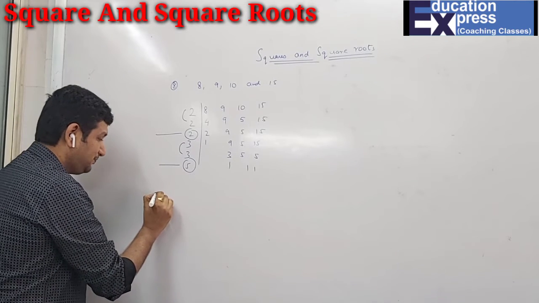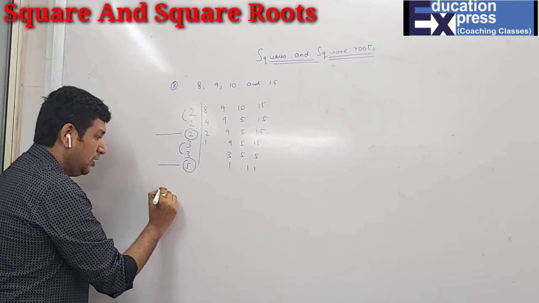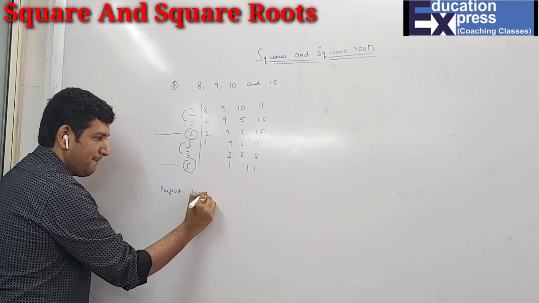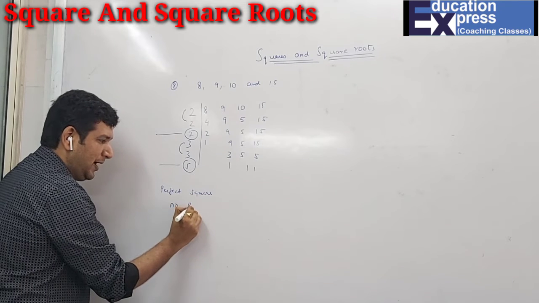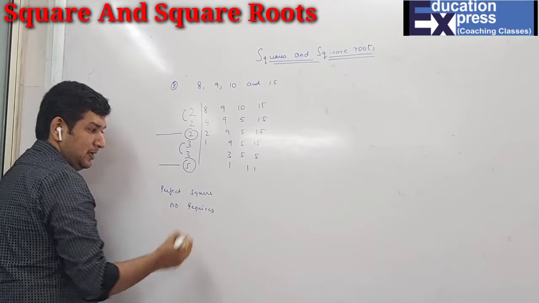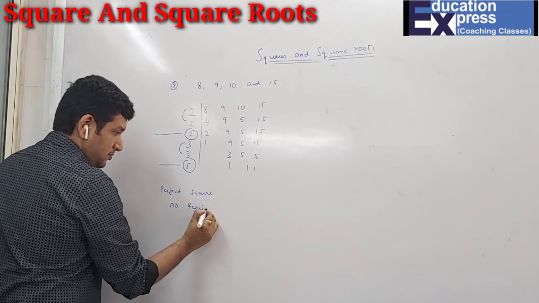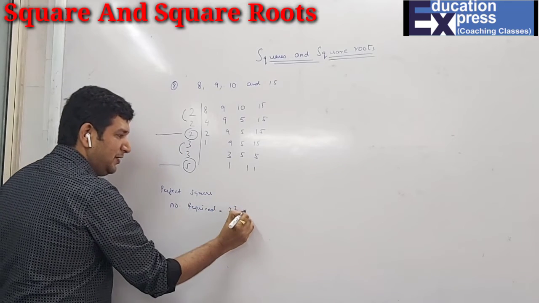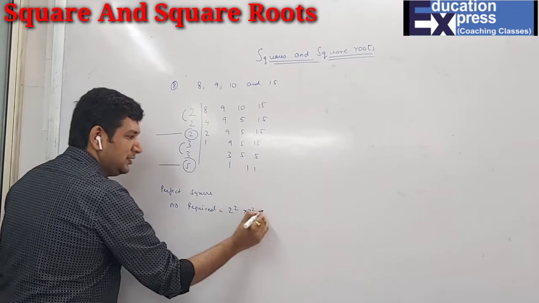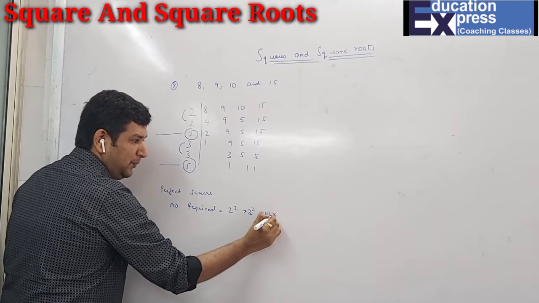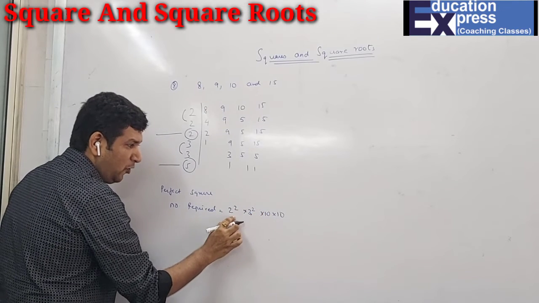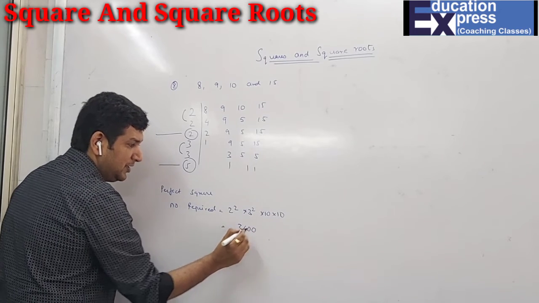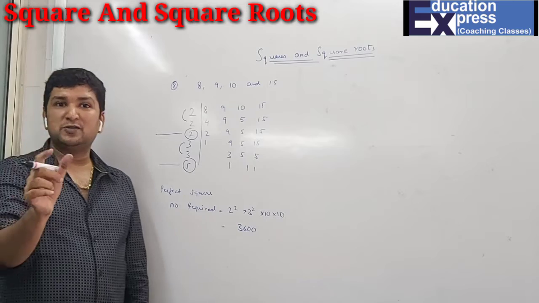That means the number required will be 2 square, 3 square, and 2 5s are 10. So to make a perfect square, multiply by one more 10. The answer will be 4 into 9, 36, into 100, 3600. That means the perfect square they asked, not the square root.